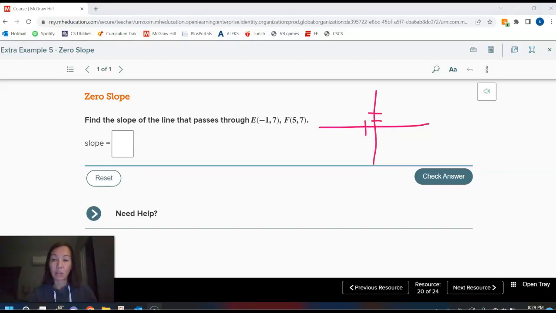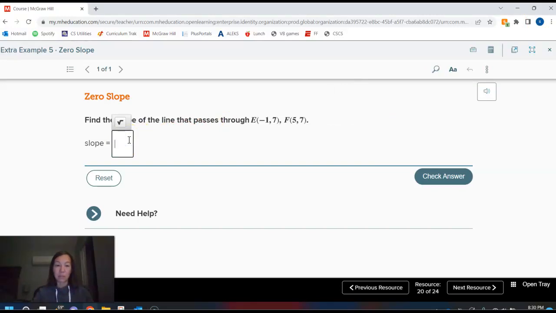So -1, 7, and 5, 7. Draw a picture of those 2 points. Because if I draw a picture and connect them, then I can see right away that this is a horizontal line. So I don't have to do any work to find my slope.